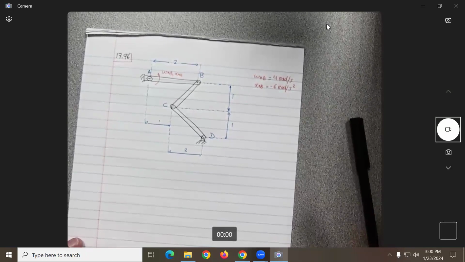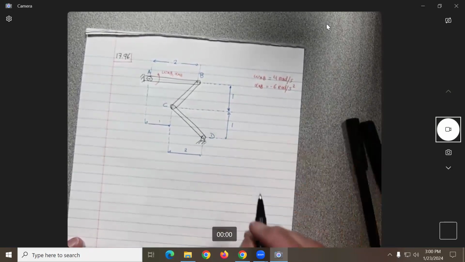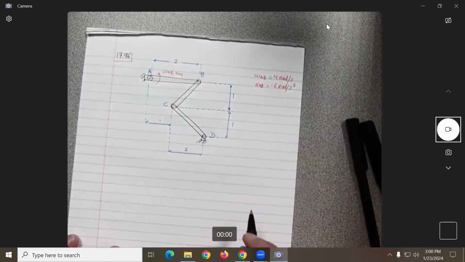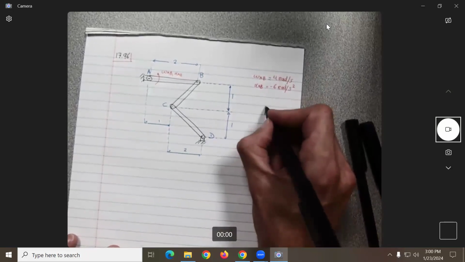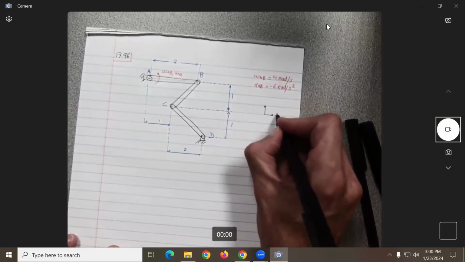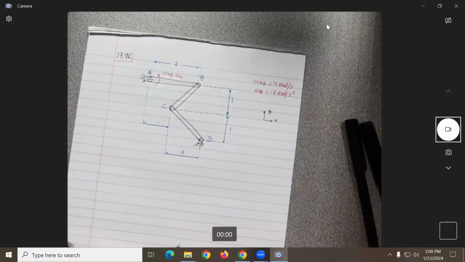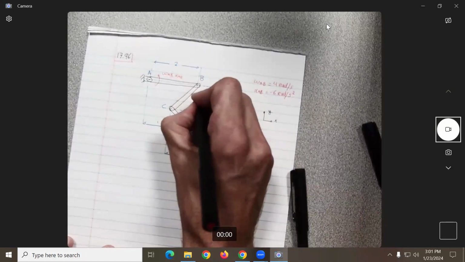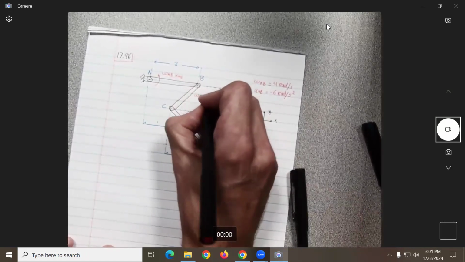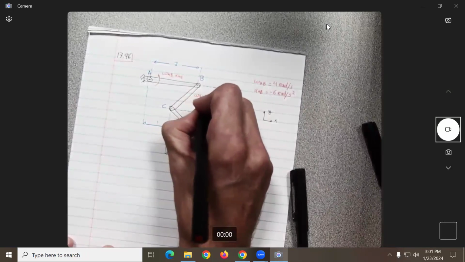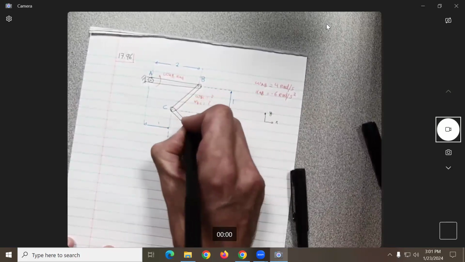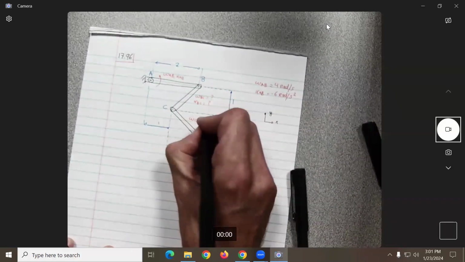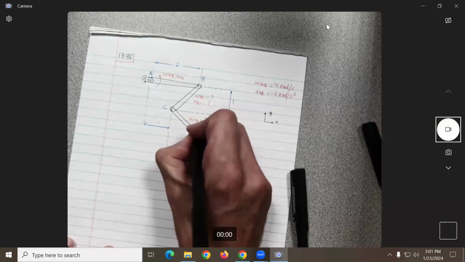Okay, and over here, we use the normal reference frame X and Y, okay? So what do we need to do over here? We need to find the angular velocity of the bar BC, the angular acceleration of the bar BC, the angular velocity of the bar CD, and the angular acceleration of the bar CD.